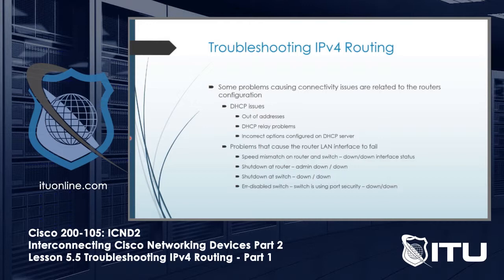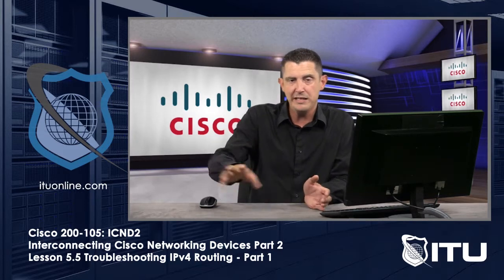DHCP relay problems. We can configure routers with a helper address. That's basically telling the router to intercept DHCP-related traffic and send it over to this DHCP server. If that's not functioning, then we would want to check that address and make sure it's communicating with the right server. That's also a problem that could result in clients getting IP addresses from the wrong subnet if that's configured incorrectly.